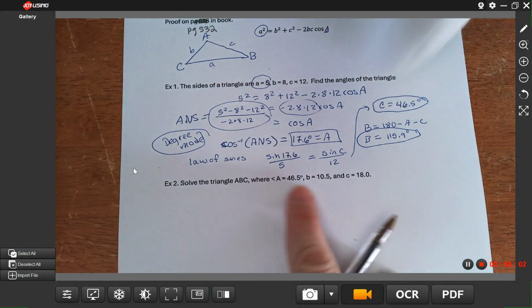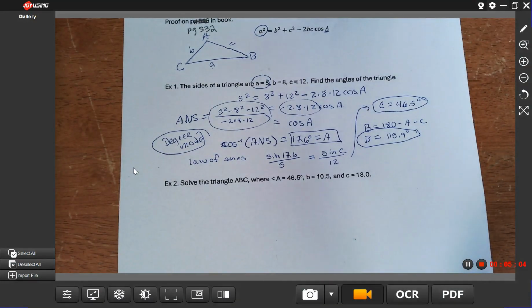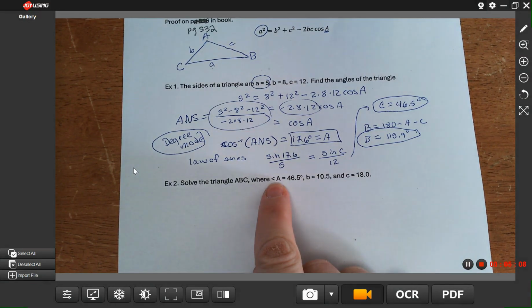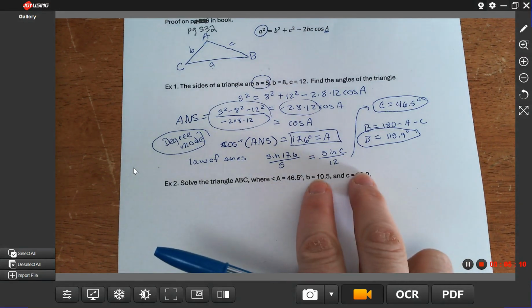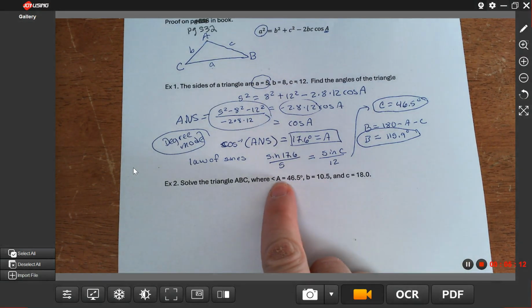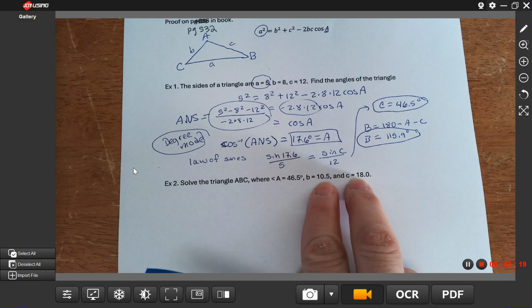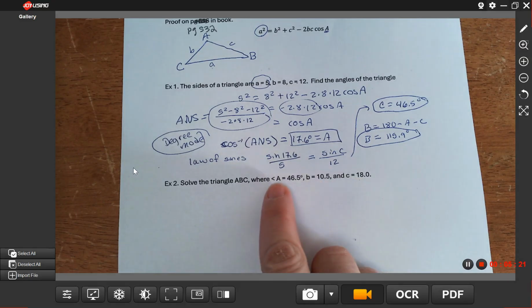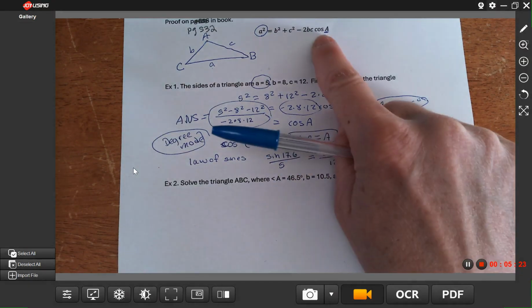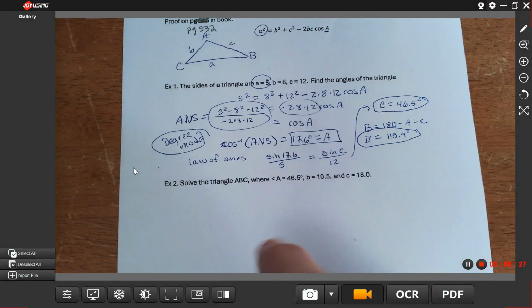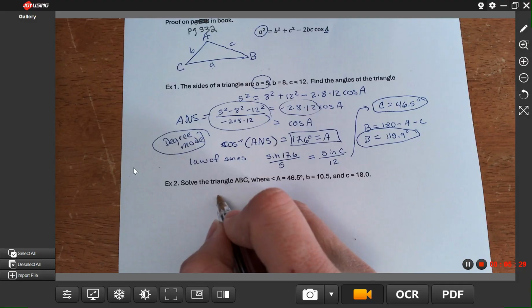We have another triangle, and there's my cat again. We have different information. So we have an angle and two sides. And notice the angle that we have does not have its corresponding opposite side given. So angle A is going to be here, and the missing side is going to be the opposite of the equation.